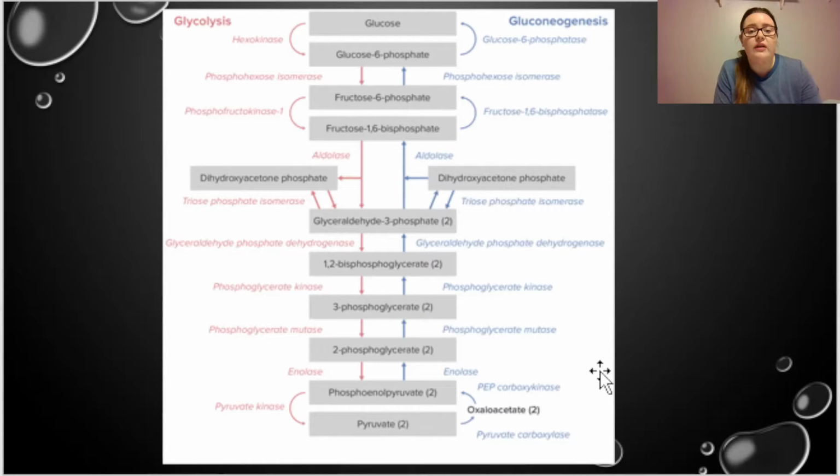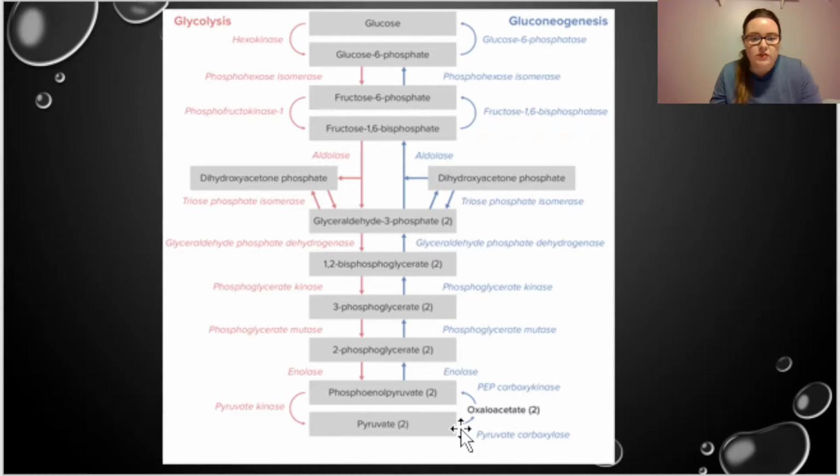If we look at gluconeogenesis on the right side in blue, instead of the arrows going from top to bottom, it is just the exact opposite. It starts at the bottom with the 2 molecules of pyruvate and goes all the way up. The blue arrows go from the bottom up through the individual steps we just went over.